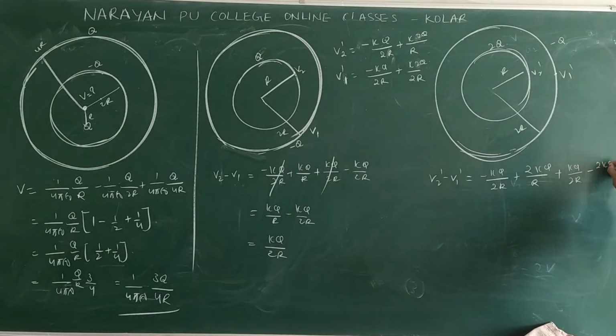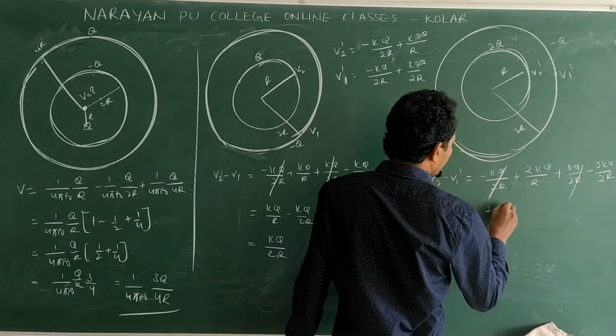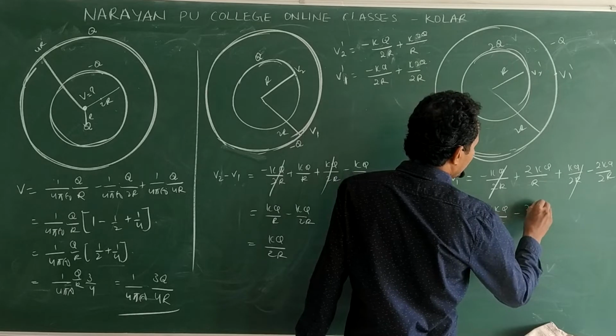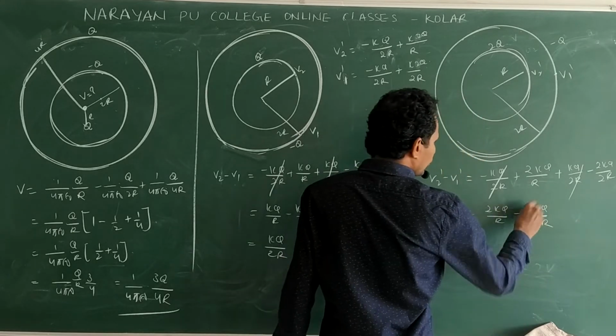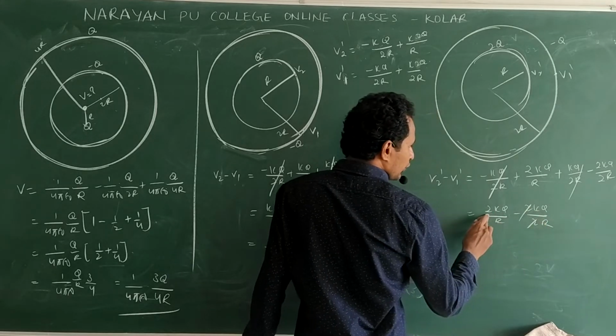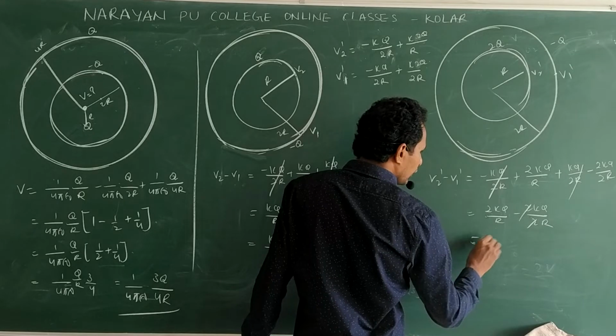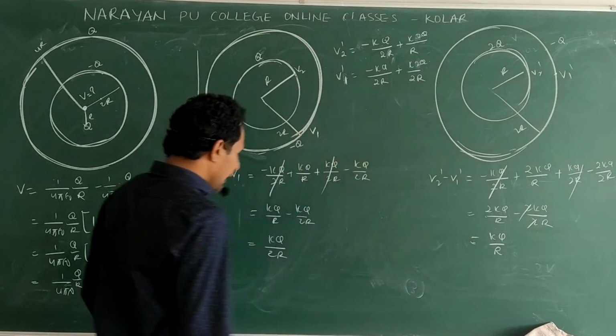minus 2KQ by 2R. These two will be cancelled. We have 2KQ by R minus 2KQ by 2R. The 2s cancel. 2KQ by R, KQ by R. This is 2 times, this is 1 time. Then we can write KQ by R. What did they ask?